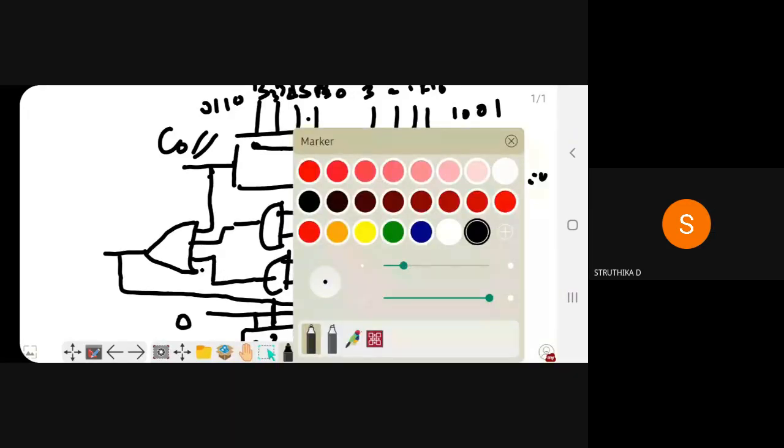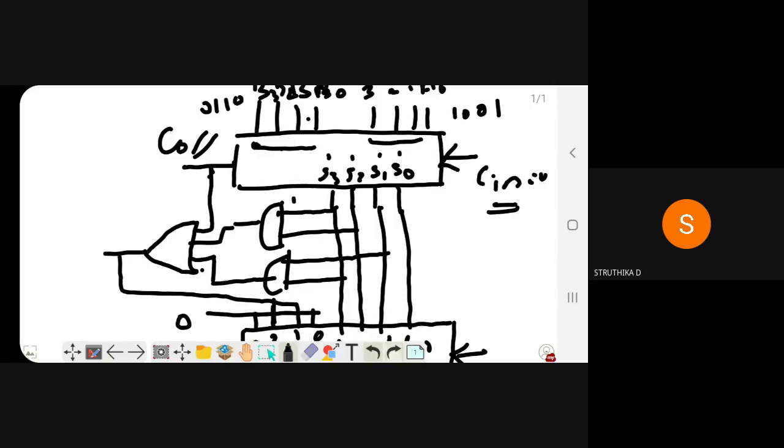It is also having the value 1, 1, 1. So 1 into 1, 1. 1 into 1, 1. So when we go for the OR gate, previously when we did the addition, did you get any carry when adding 9 and 6? No, we got only 1 1 1 1.